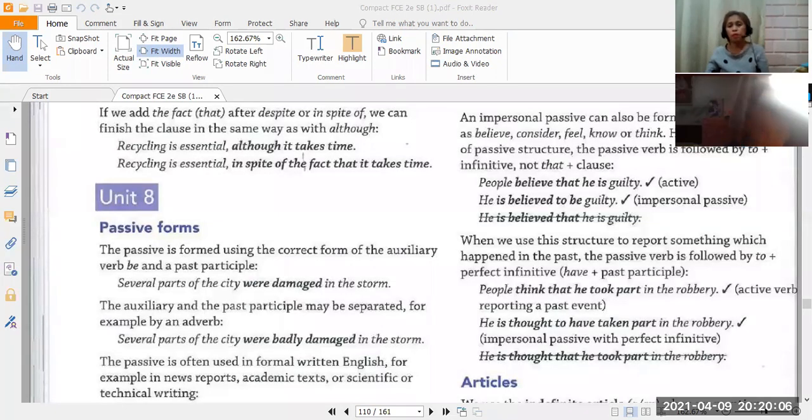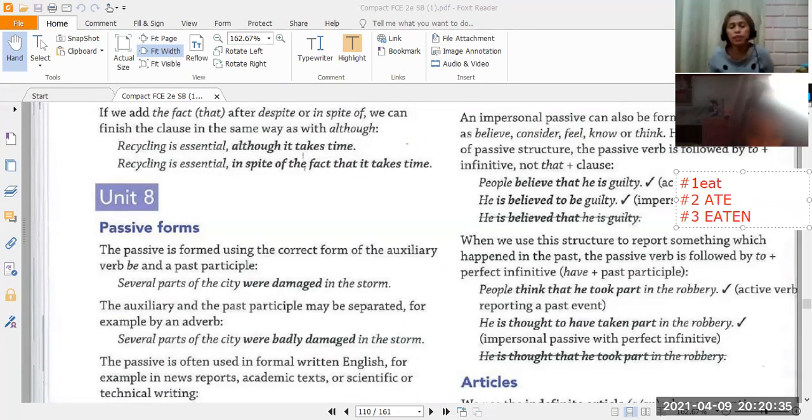Verb number 1, eat. Verb number 2, ate. Verb number 3, eaten. Can you see that?